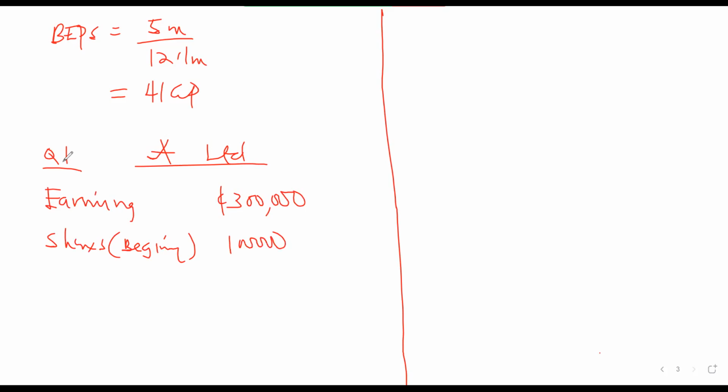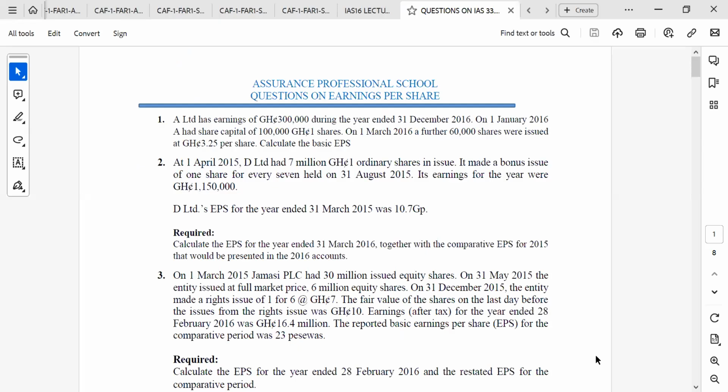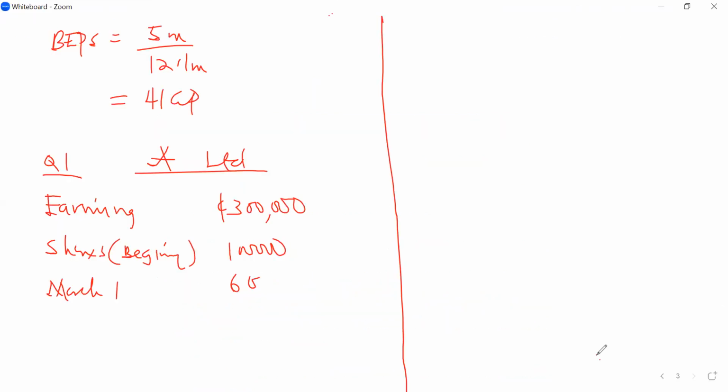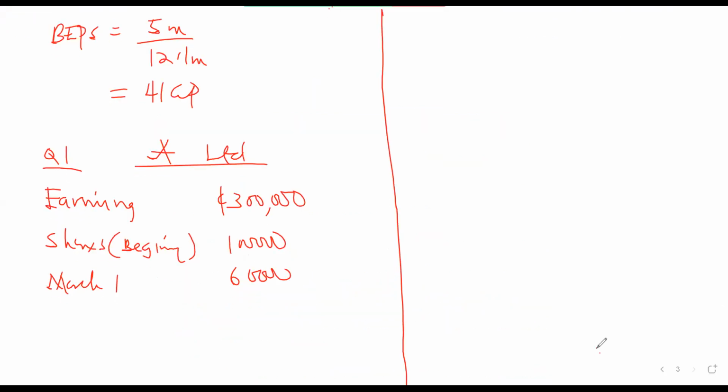On March 1, 60,000 shares were issued. Okay. So what we now have to do is calculate the WACC. So let's now compute the WACC.